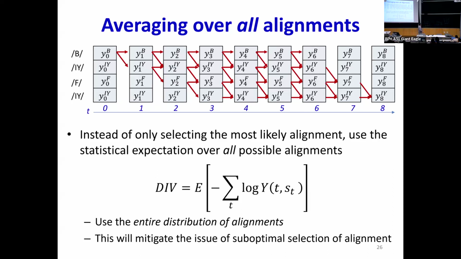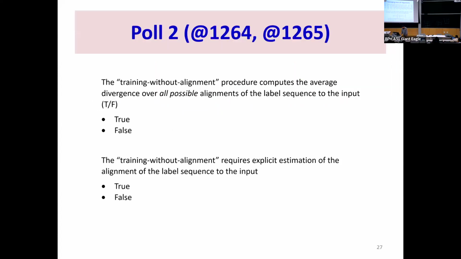And so that's simply going to be minus the sum over all time of the log of the probability assigned to the symbol assigned to time t by the alignment. And this is what I'm going to be taking an expectation of. This is the loss I want to minimize if I'm not committing to any single alignment. But then the linearity of expectation means that, well, even before that, here's the second point.